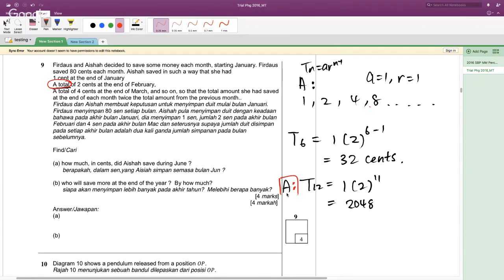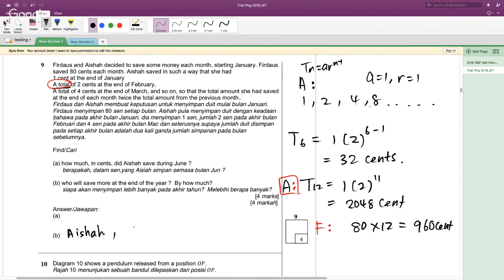Then I want to know the total saving for F. F actually saved 80 cents for each month. So 12 months, I just multiply 12. Then you will get 960 cents. All right, so the question says who will save more at the end of the year, and by how much? So obviously, I will say Aisha will actually save more, and then by how much?